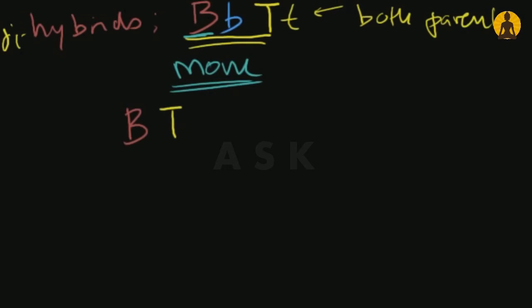Or she could contribute the brown and then the little t. Or she can contribute the blue-eyed allele and the big T. So these are all the different combinations that she could contribute. And then the final combination is this allele and that allele, so the blue eyes and the small teeth. So that's for mom.